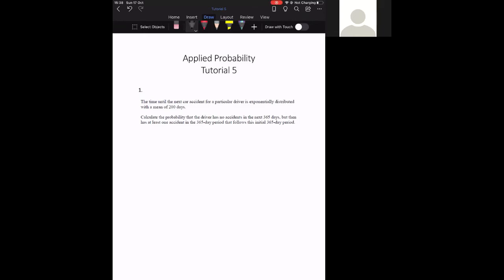So the first question says the time until the next car accident for a particular driver is exponentially distributed with a mean of 200 days.